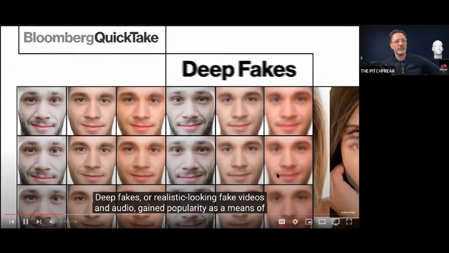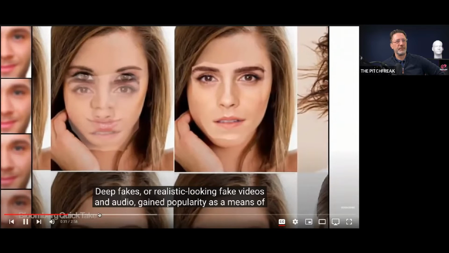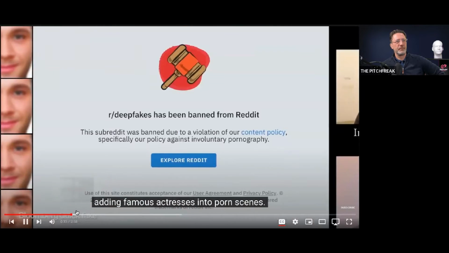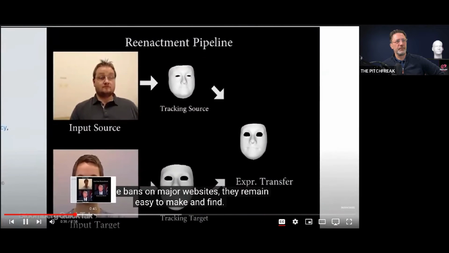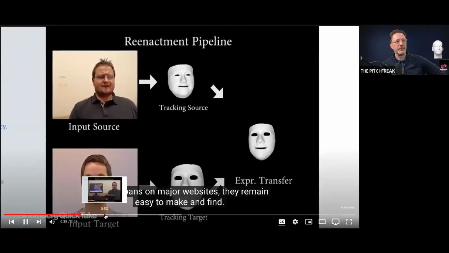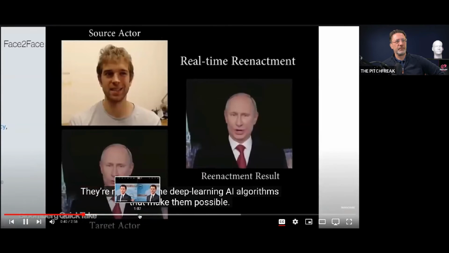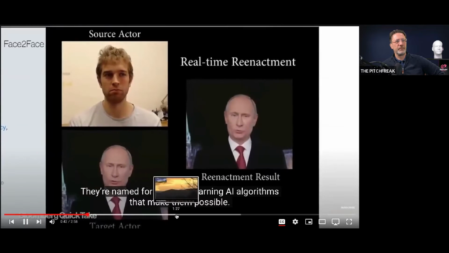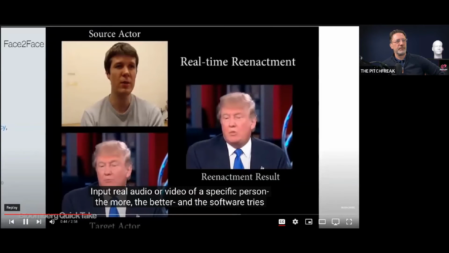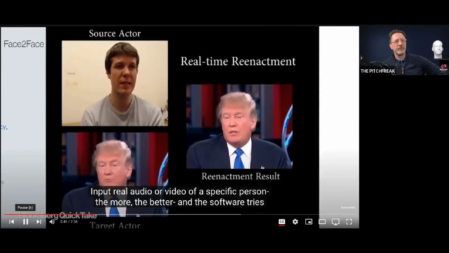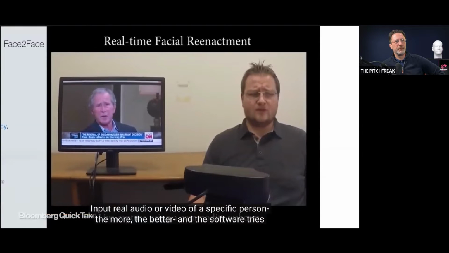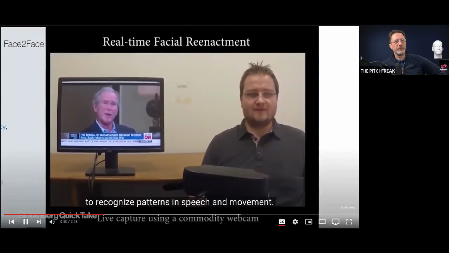Deepfakes, or realistic-looking fake videos and audio, gained popularity as a means of adding famous actresses into porn scenes. Despite bans on major websites, they remain easy to make and find. They're named for the deep learning artificial intelligence algorithms that make them possible. Input real audio or video of a specific person, the more the better, and the software tries to recognize patterns in speech and movement. I'm going to stop right there.